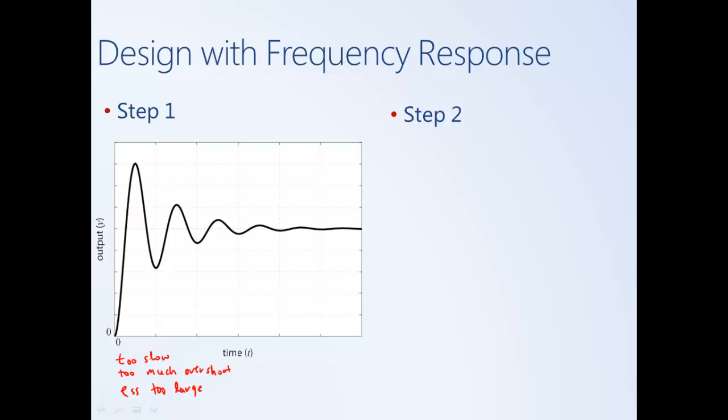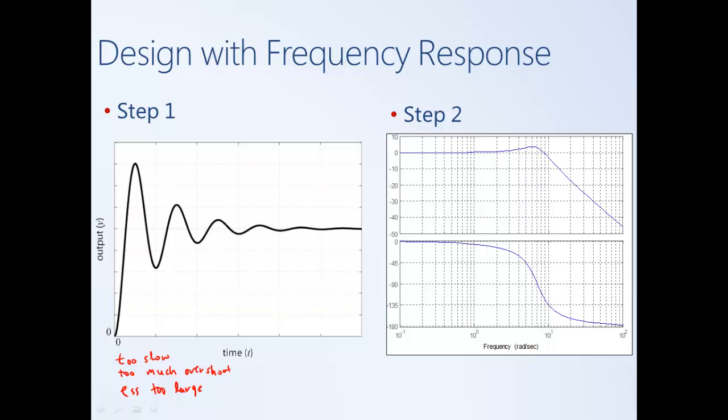The second step is then to plot the system's open loop Bode plot. Looking at the open loop Bode plot, we then get a sense of how we need to reshape it in order to address these deficiencies we identified from the time response.